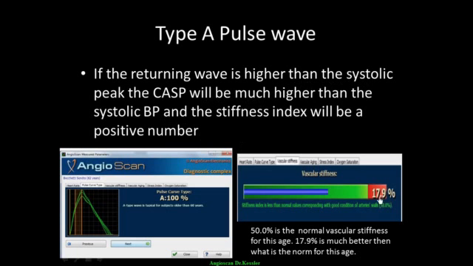It's not a negative one like we saw before. But even though it says here this 50% is the normal vascular stiffness for this age, this person is 17.9%, and it's much better than what is the norm for this age, even though he has an A pattern.